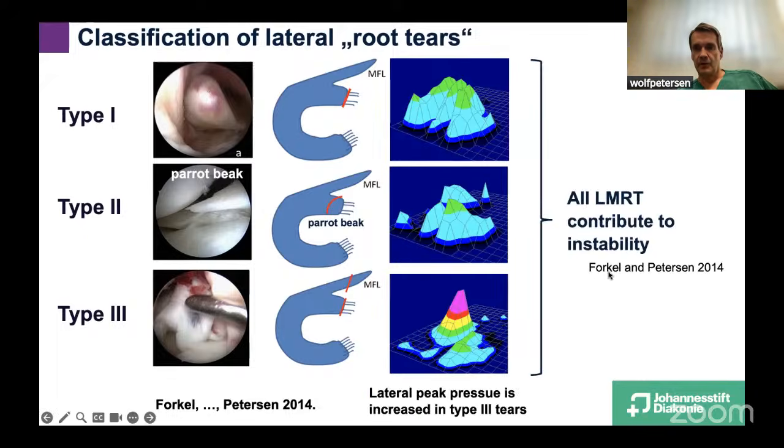But we also found in biomechanical studies that all these lateral meniscus root tears contribute to rotational instability, anterior instability. Therefore, in our clinical practice, we try to repair all those lateral meniscus root tears, although only the type 3 root tear increases the lateral peak joint pressure.